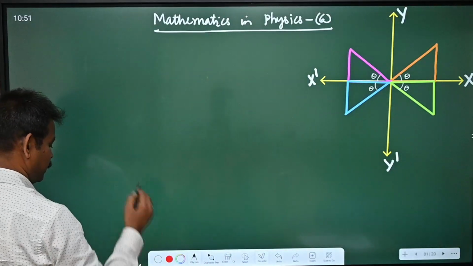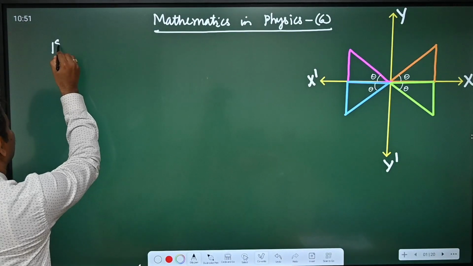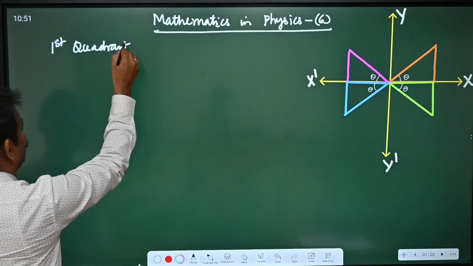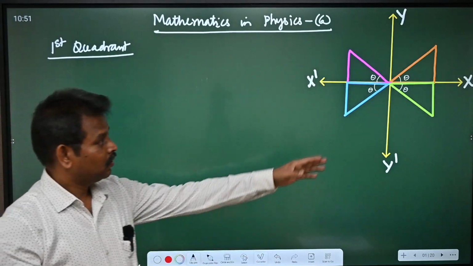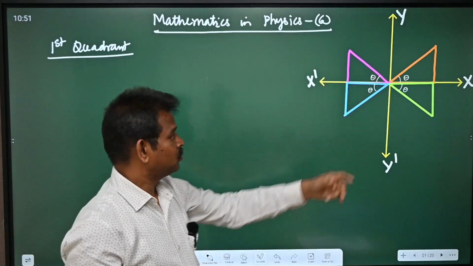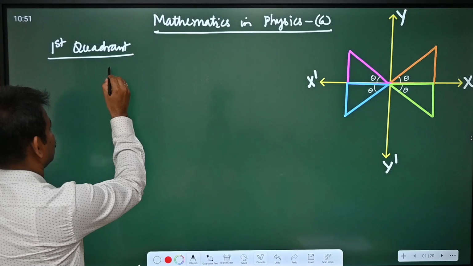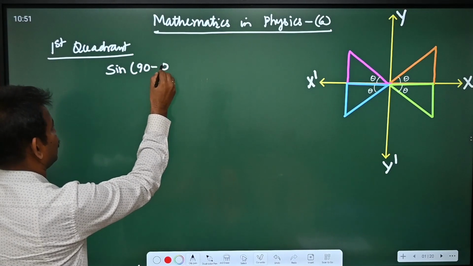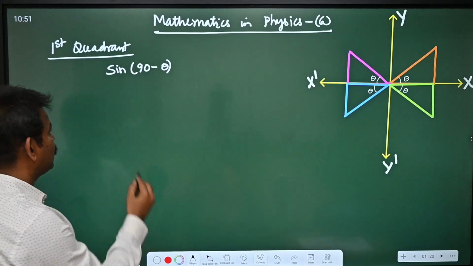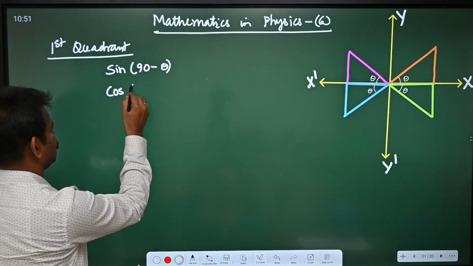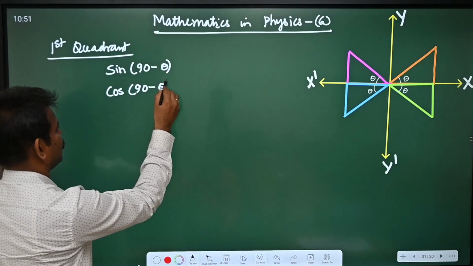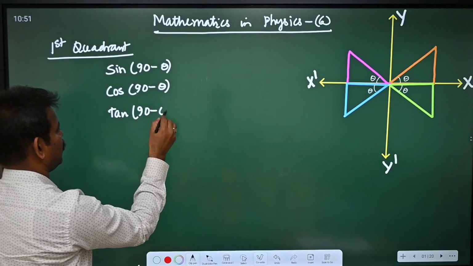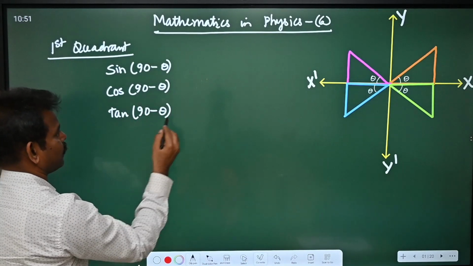First you will see the first quadrant. In the first quadrant of that coordinate system, we know all are positive. So from this we can write sine 90 minus theta, cos 90 minus theta, tan 90 minus theta.